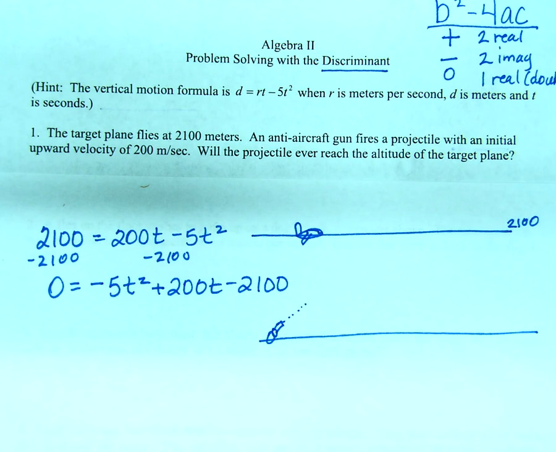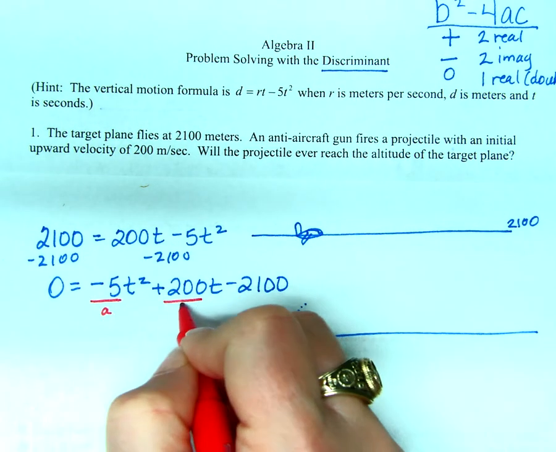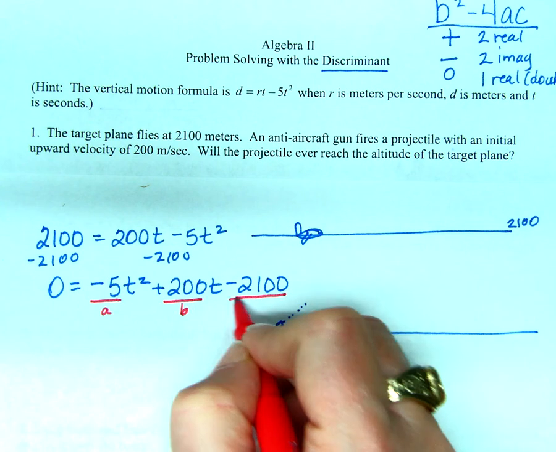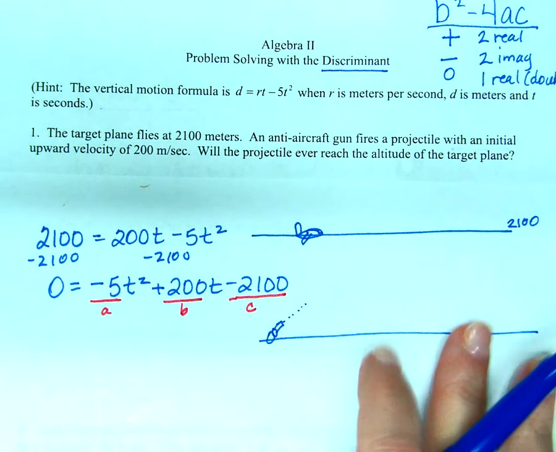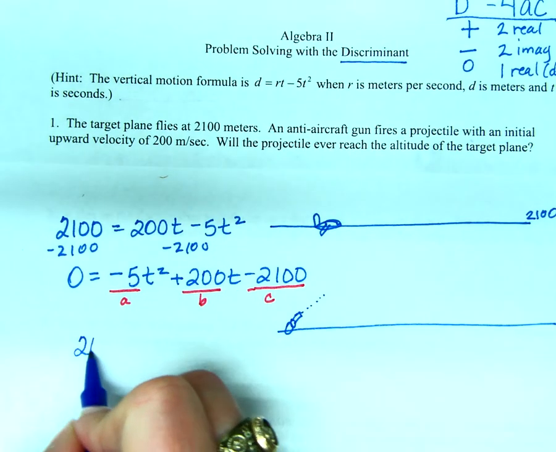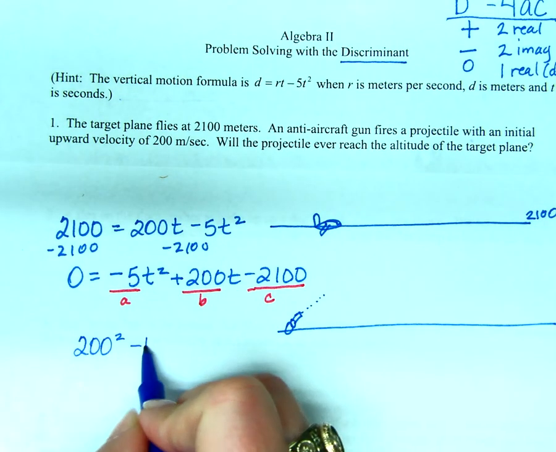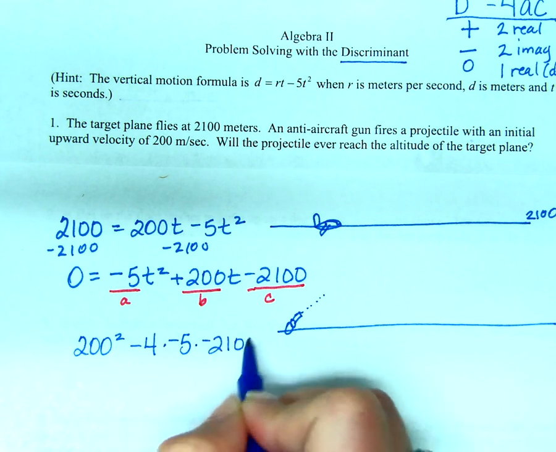Okay, so in this problem, what's A and B and C? So B squared minus 4AC would be 200 squared minus 4 times negative 5 times negative 2100.